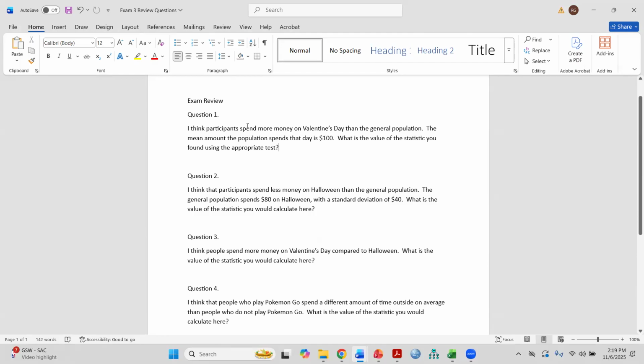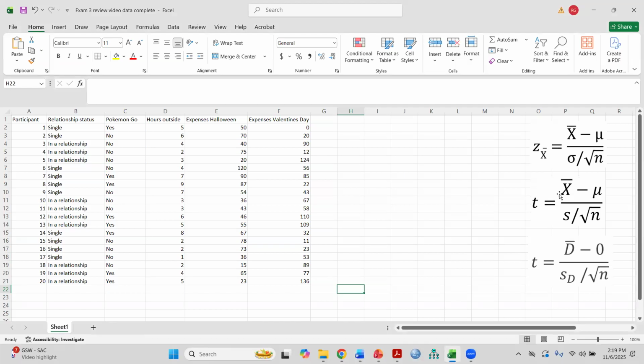All right, so I think that participants in our sample are going to spend more money on Valentine's Day than the population average, which is 100. So let's go take a look at that. This is where we want to end up, right? We want our sample mean minus the population mean divided by the sample standard deviation over the square root of the sample size.